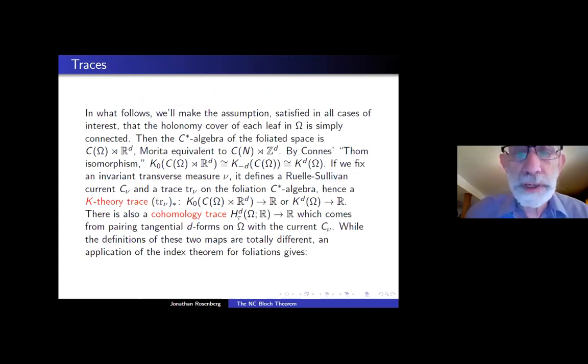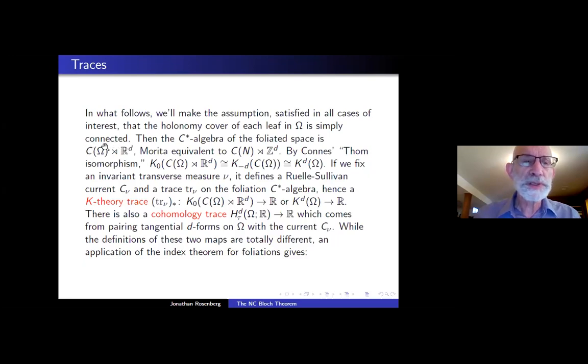Okay, so now let's make the assumption, which is satisfied in all cases of interest, that the holonomy cover of each leaf in omega is simply connected, so that the foliation C-star algebra, which involves the holonomy, is just the same thing as the crossed product of C of omega by R to the d. So this is called the foliation C-star algebra.